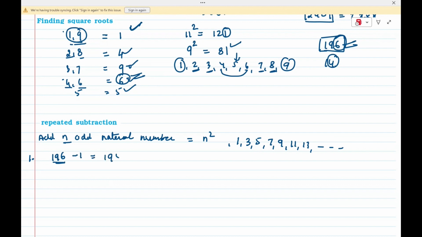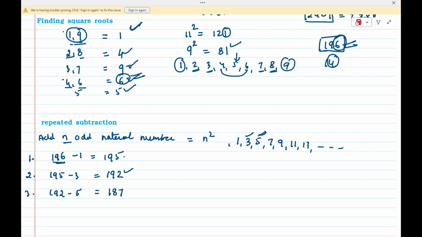Now start subtracting. The first step is 196 minus 1. It will give you 195. Now second, I have 195, subtract 3. Why 3? Because the second odd natural number is 3. And it will give me 192. Now third, I have 192, subtract 5. Every time, whatever the answer is, subtract the next odd natural number.